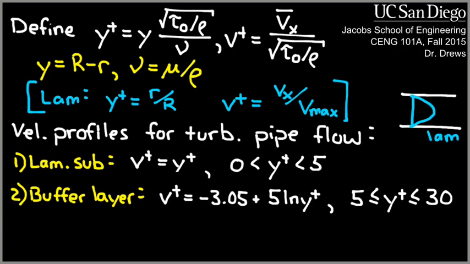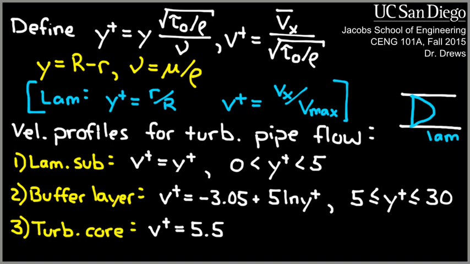And then we have our last layer, 3, the very last one, which is called the turbulent core. And so in the turbulent core, we have another velocity profile. Here, V plus is equal to 5.5 plus 2.5 times the natural log of Y plus.